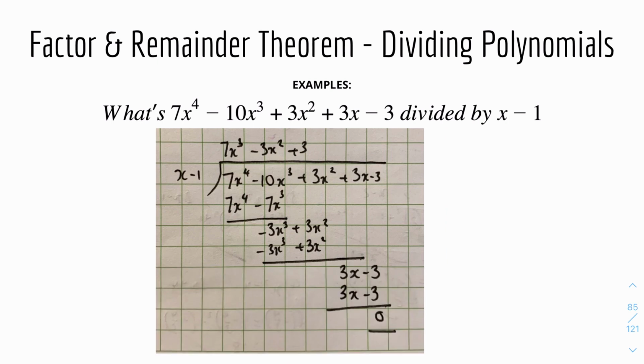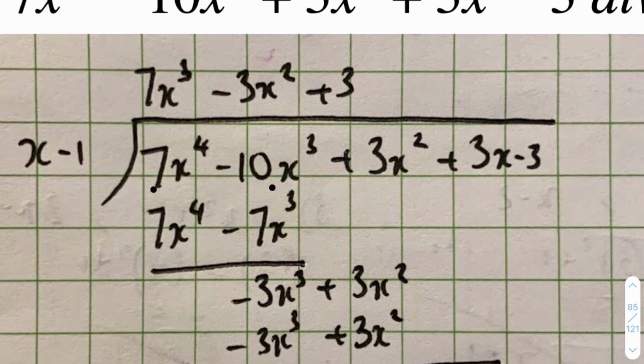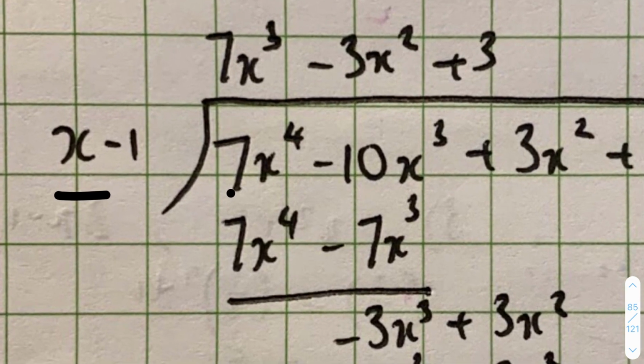And then we have more for dividing polynomials. So here's 7x to the power 4 minus 10x cubed plus 3x squared plus 3x minus 3 divided by x minus 1. And it's the same as just now. So first we have, let's zoom in, the whole long expression right here, divided by x minus 1. What I did first was I tried to find the value to times by x to get 7x to the power 4.